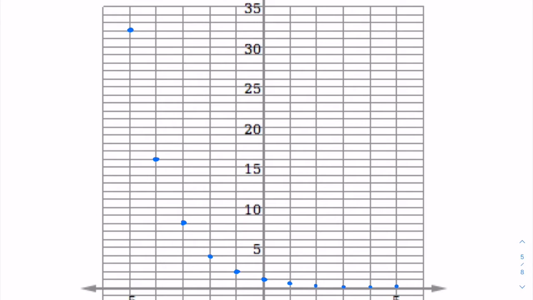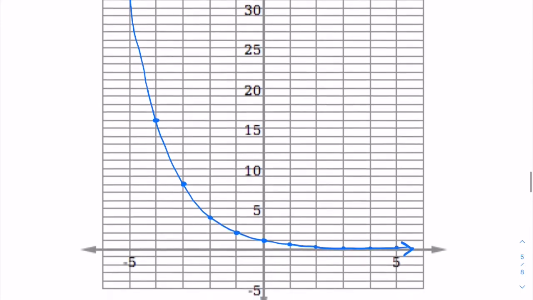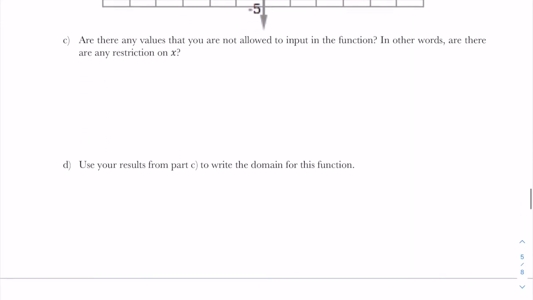Alright, so hopefully your graph looks something like this. As before, let's connect the points with a curve of best fit. Okay, don't forget to add the arrows at the end. Alright, the rest of this lesson follows a very similar procedure to previously.